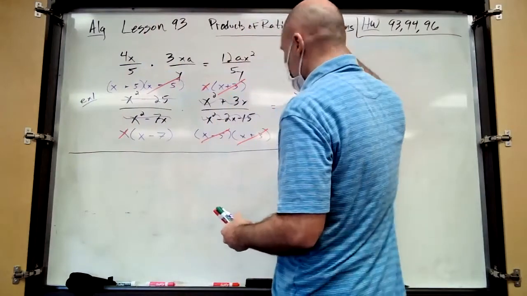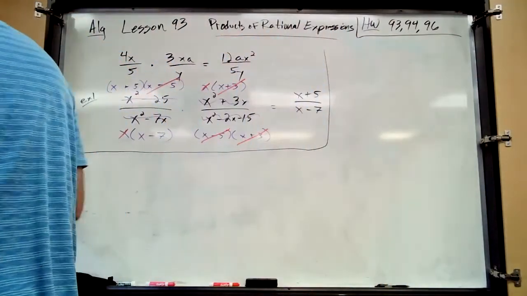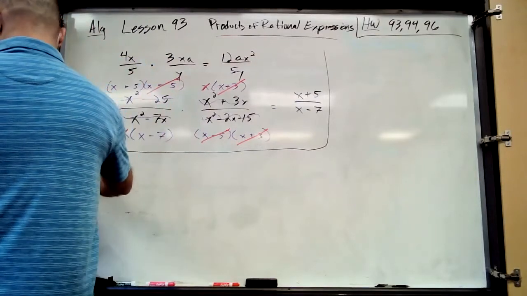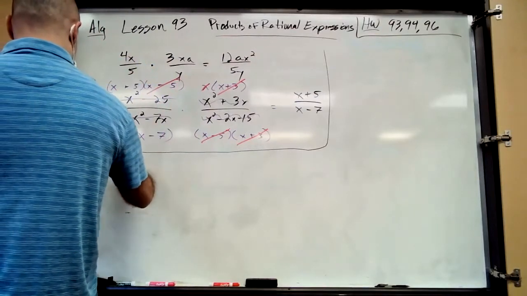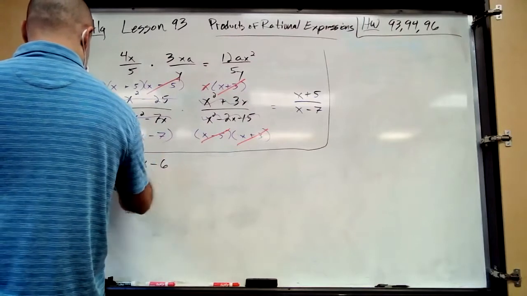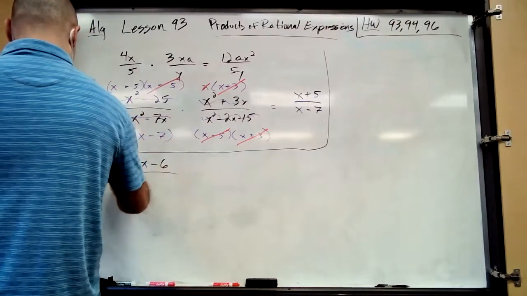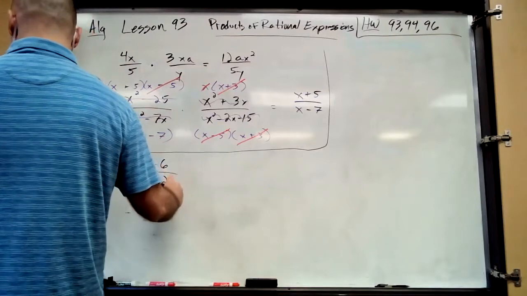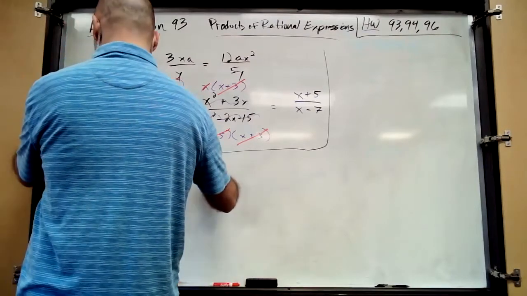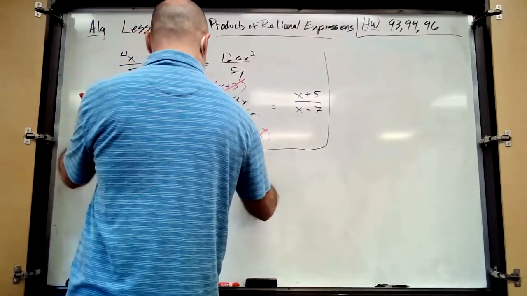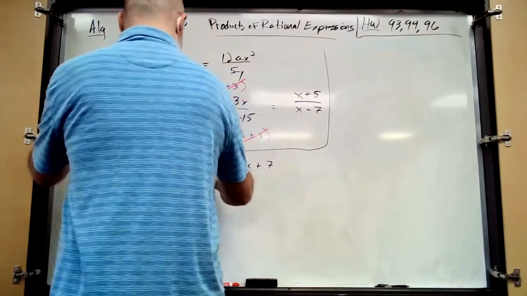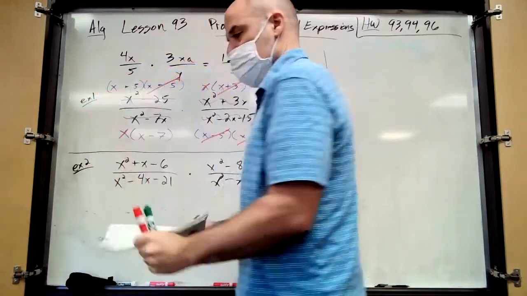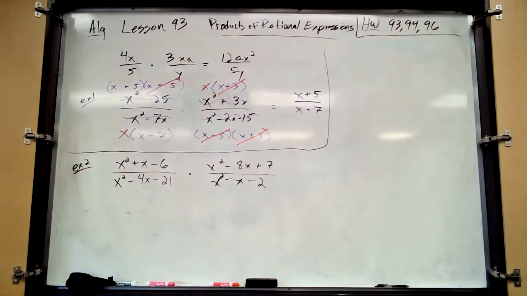Let's try one. Let's see if you can do this next one by yourself. Example 2. X squared plus x minus 6 over x squared minus 4x minus 21 times x squared minus 8x plus 7 over x squared minus x minus 2. All right, see if you can do that one.